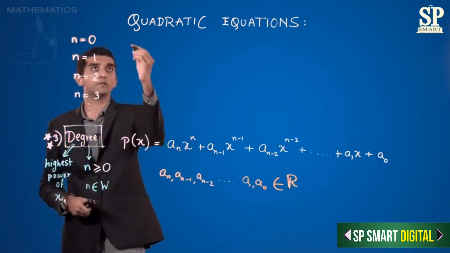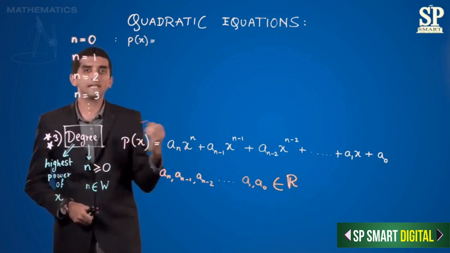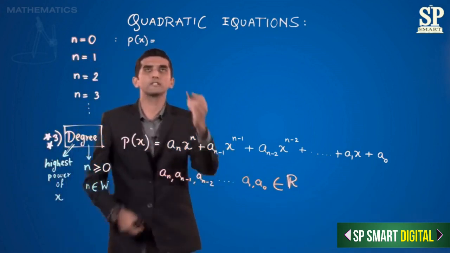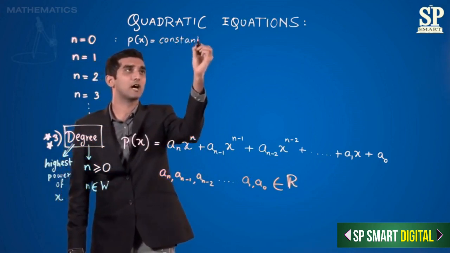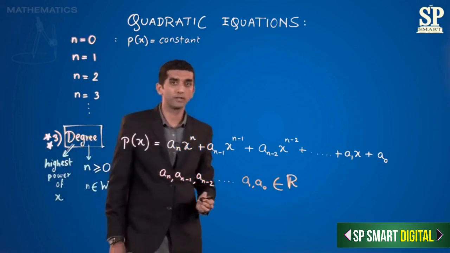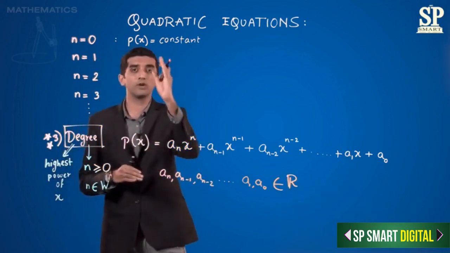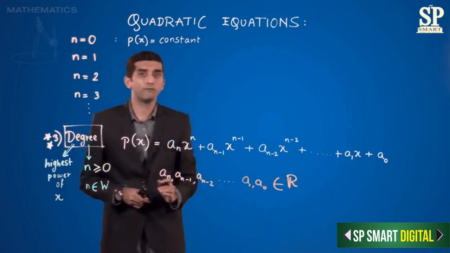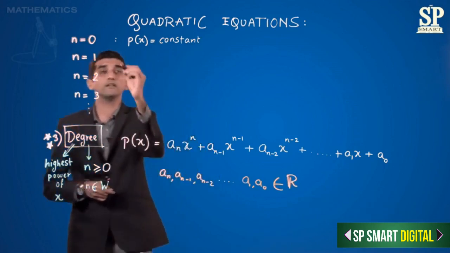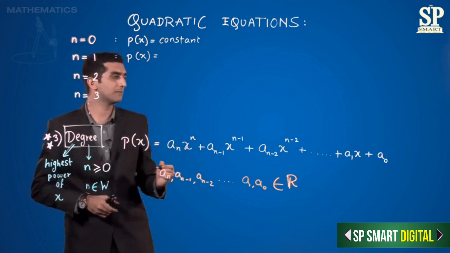F of x or p of x is equal to a0 or a constant term. So p(x) is equal to a constant is how the polynomial is going to look, of degree 0. So we will call this a polynomial of degree 0. The next value of n, which is n equal to 1, will make this polynomial look something like this.